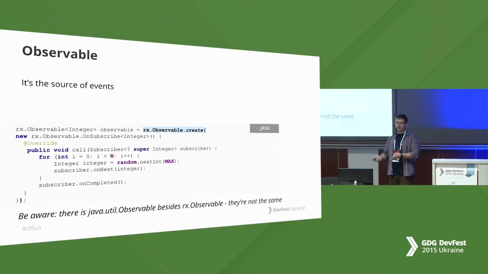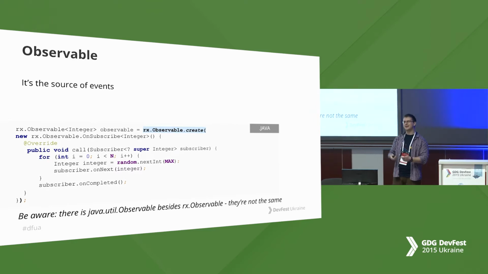We use the Observable.create static method, like a static factory method. Let's take a subscriber. A subscriber is someone who will listen for our events later, and we give him some commands.